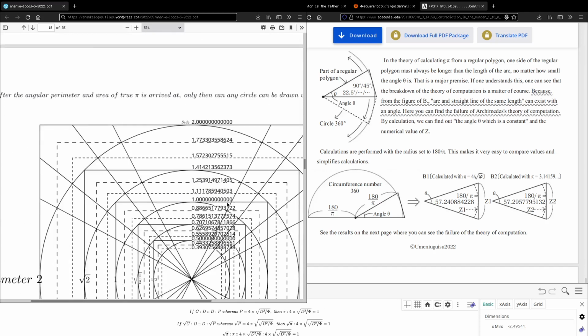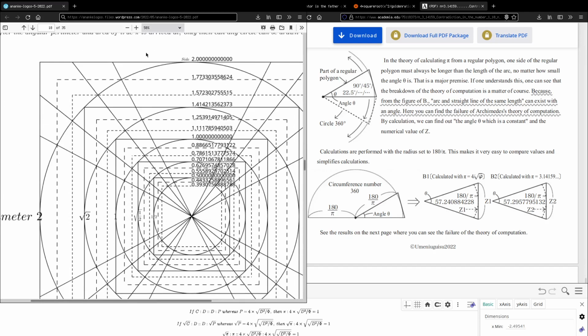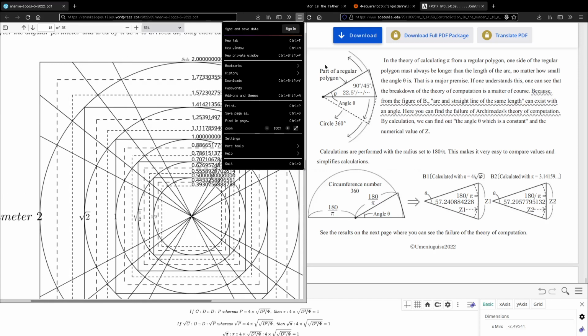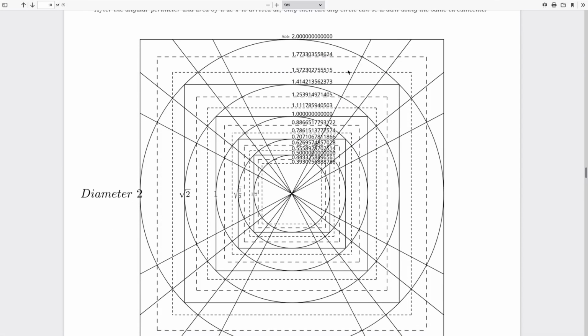And yeah, I guess that'll be enough. So just as an example, I was just going to show you this page.